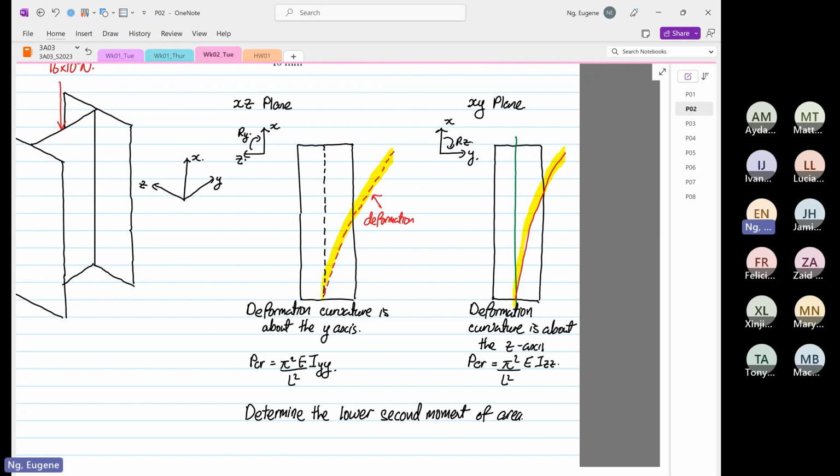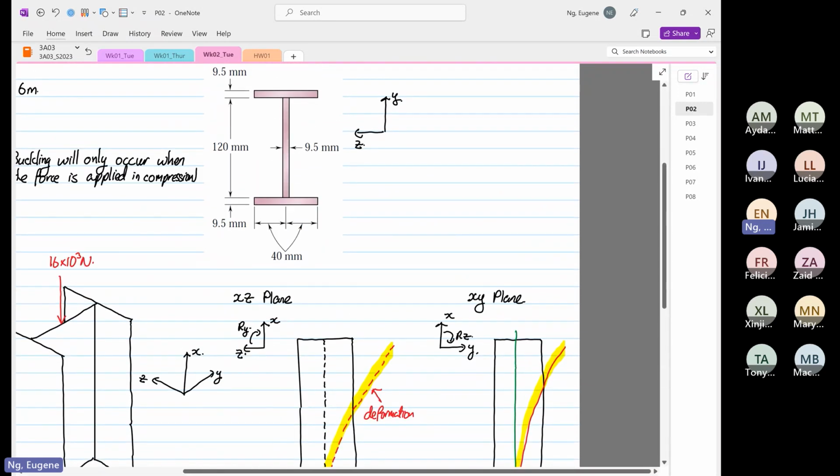Because if you look at the equation on the left and on the right, pi is constant, E is constant, L is constant. The length is going to be 6 meters. What changes is the second moment IYY and the second moment IZZ. So the next thing we have to do now is to determine IYY and IZZ.